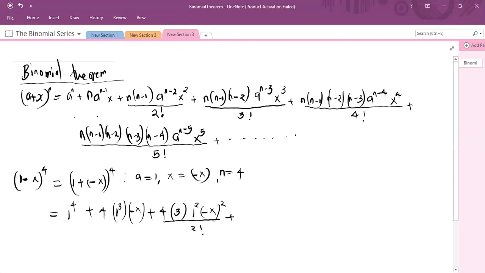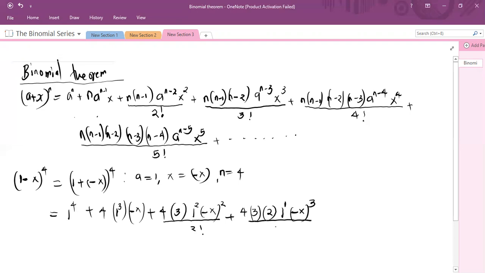Now plus, we are on to our next term. Now notice that we have 4, 3. So here we are going to have 4, 3, and then we have 2. And then we have 1 raised to power 2. So you can see the values of 1, their powers are decreasing. So we will have here 1 raised to power 1, and minus x is now raised to the power 3.